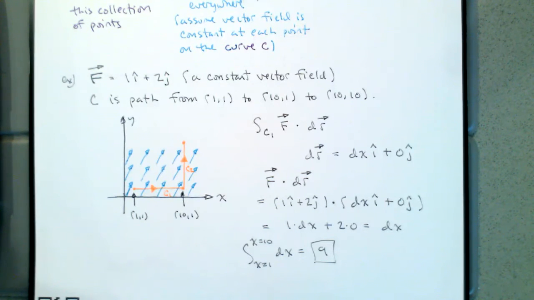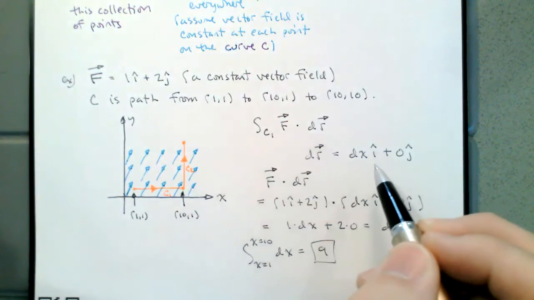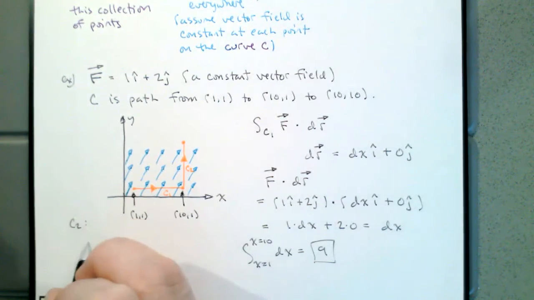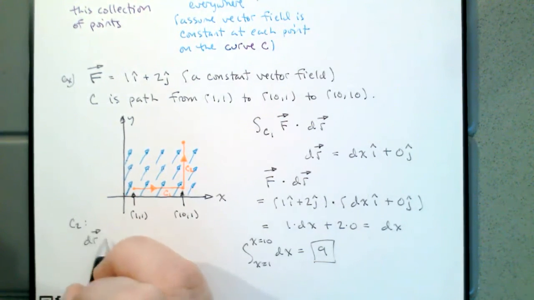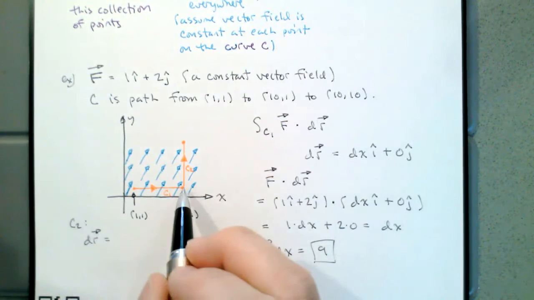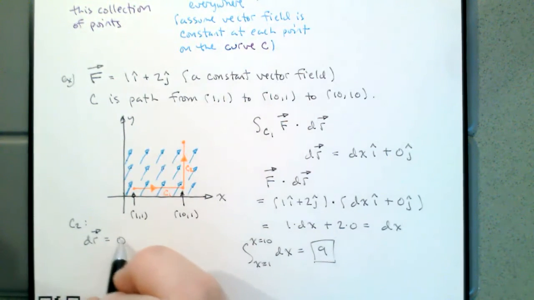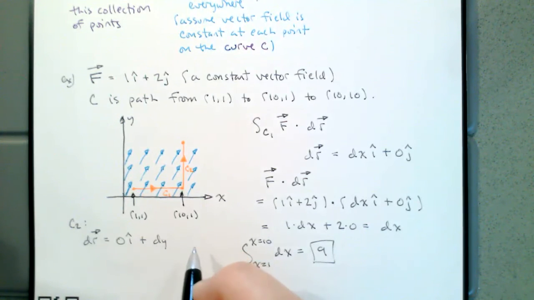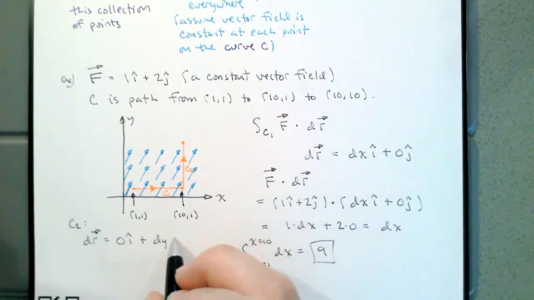So we have to do this same calculation for C2, the second part of the curve. So this is for C1. For C2 over here, the dr is purely vertical, so it's going to be 0 in the i direction plus dy in the j direction.